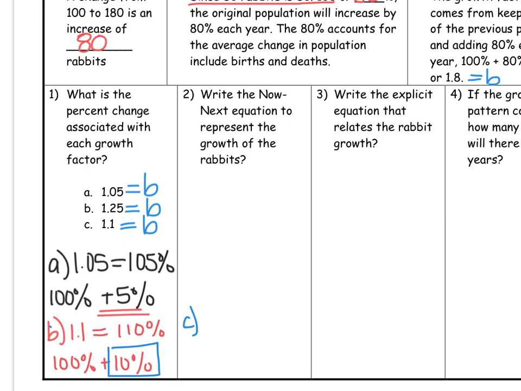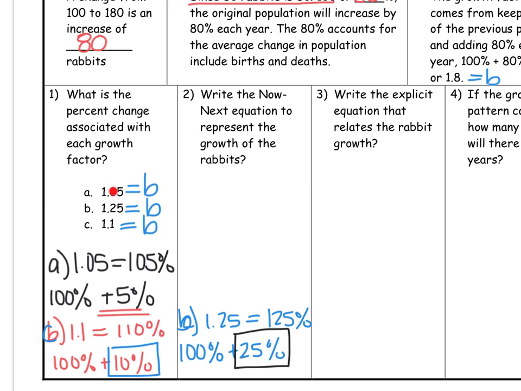This would be letter B, and this is letter C. It's 1.25, which is 125%. So that's 100% plus 25%. So our growth rate is our percent change. In letter A, the percent change was 5%, letter B, it was 10%, and letter C, it was 25%.